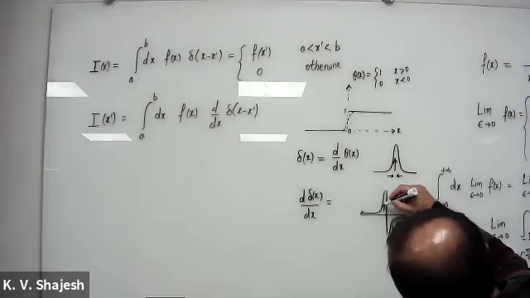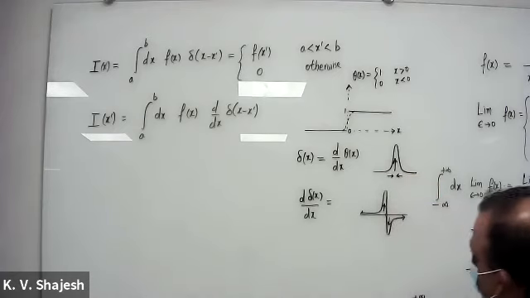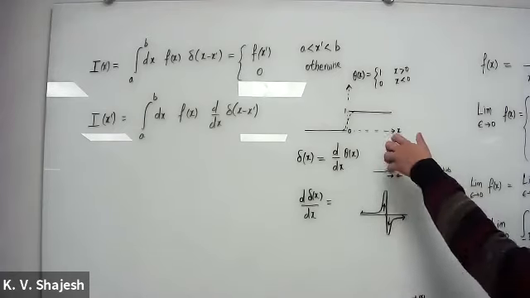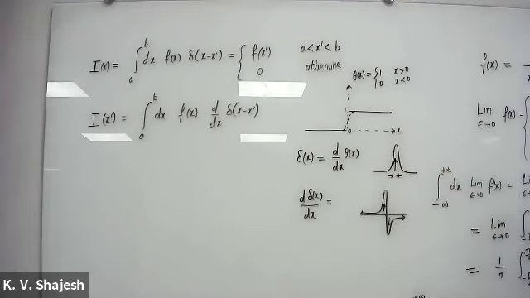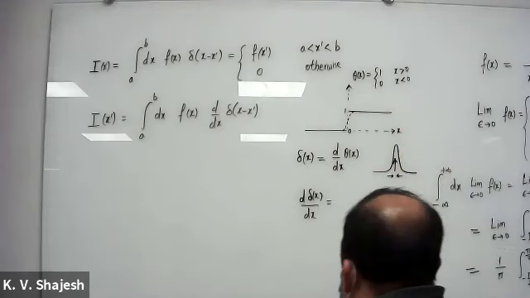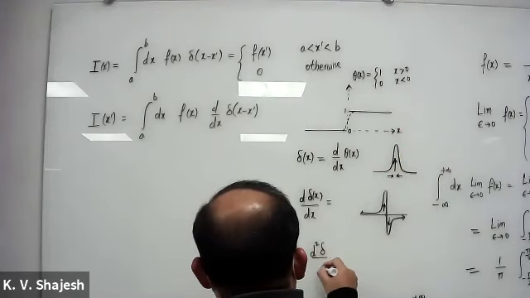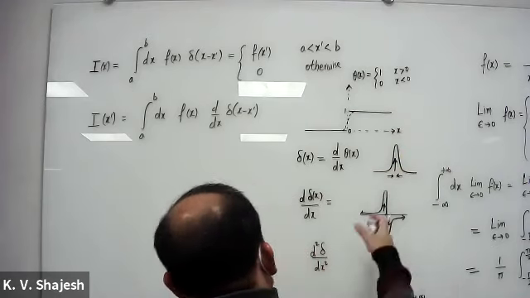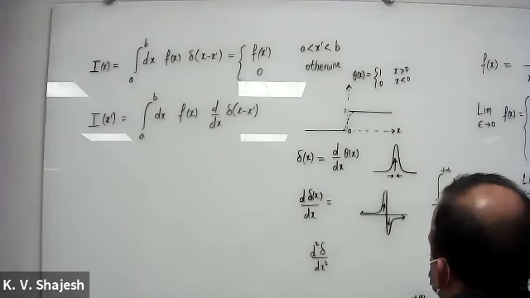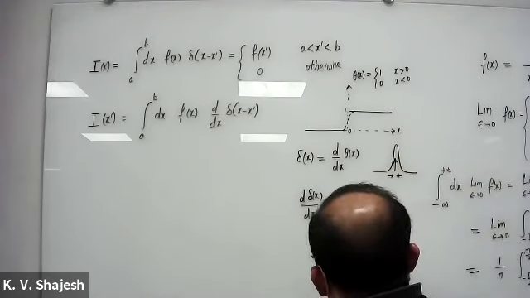It goes to infinity up there, goes to negative infinity down there, because while it is coming down, slope is negative. And you can take this further, and you can take the second derivative of delta function, d squared by dx squared, and you have more overlaps in here. So you would say this is this.